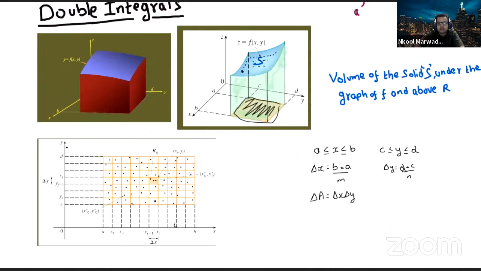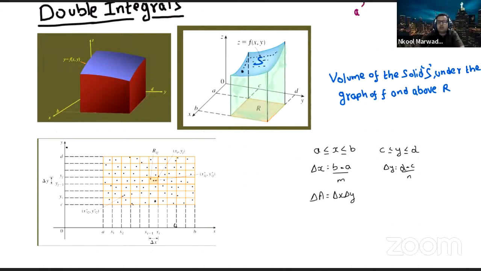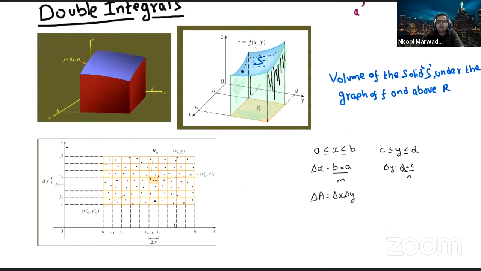So there is no variation, but what will vary is the height. Here you can see height is less, and in the corners, you can see height is more. Whatever is varying, we call it the function. So here the height is a function of x and y, because for different values of x and y, the height is different. And this height I can calculate from f(x, y).